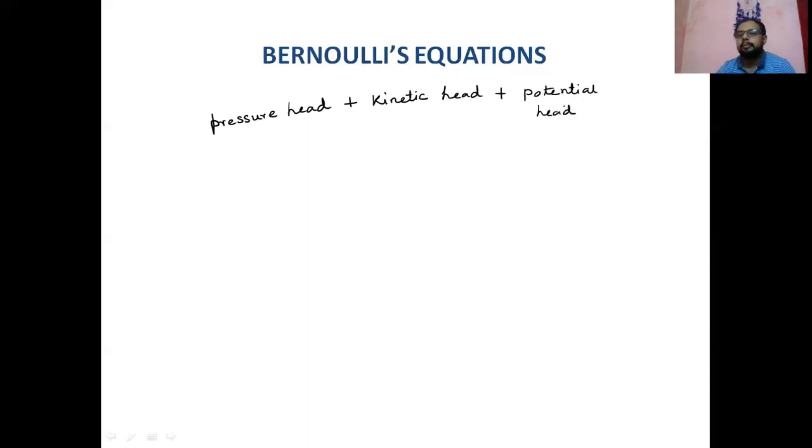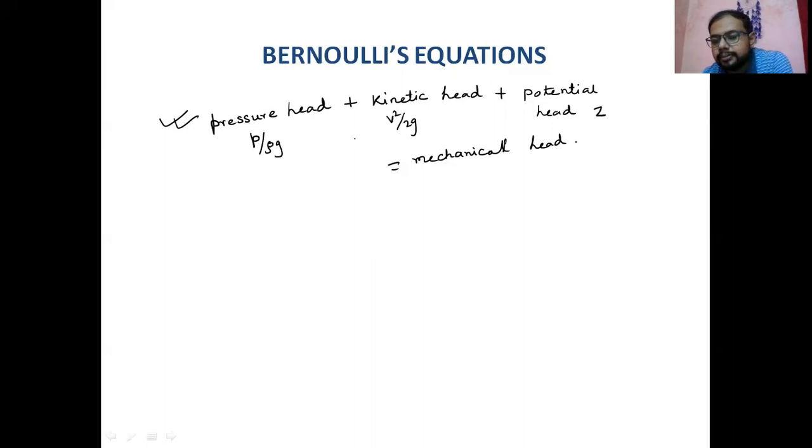These three combined are known as the mechanical head, the mechanical energy per unit weight. So P by rho g, V square by 2g, and z. That is the mechanical energy.